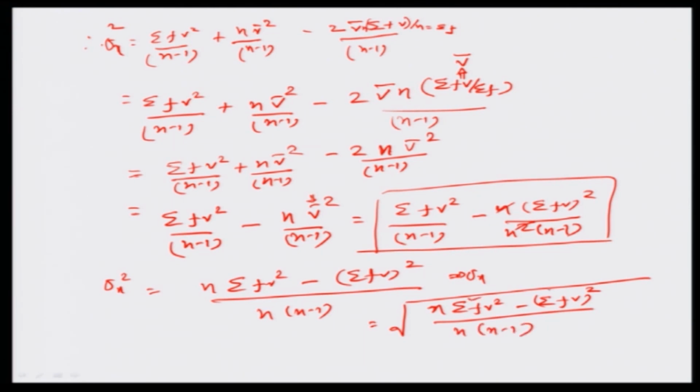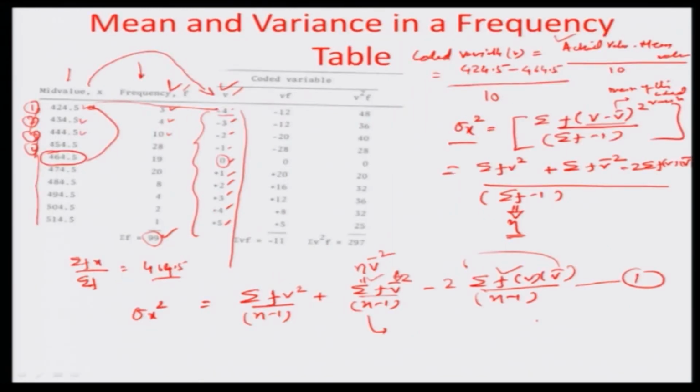So all you need to do is to calculate on the coded variable what is the sigma f v square, and you also have to calculate what is the sigma f v whole square, and that can be very easily calculated by constructing two simplified columns: in one column just multiplying the frequency with respect to the coded variable, and in another the square of the coded variable with the frequency.